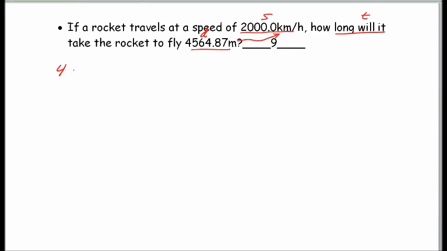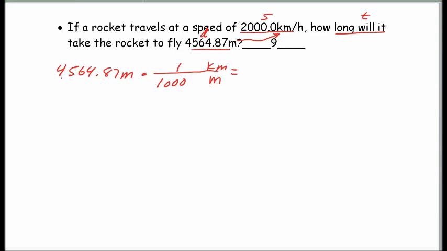Distance 4,564.87 meters, and we're going to multiply that by a conversion factor that will cancel meters and leave kilometers. And we can do that in one step. We know that if we have meters below this division line, it'll cancel out, and if we have kilometers above the division line, we can go there in one step. Then our answer will be in kilometers. So what is the true relationship between kilometers and meters? Well, 1 kilometer is equal to 1,000 meters.